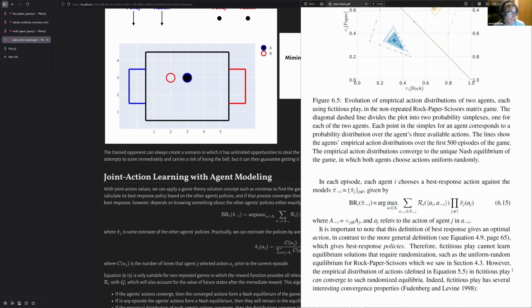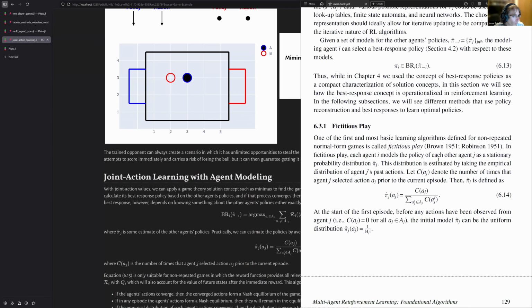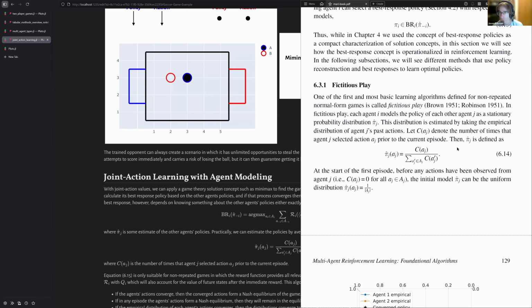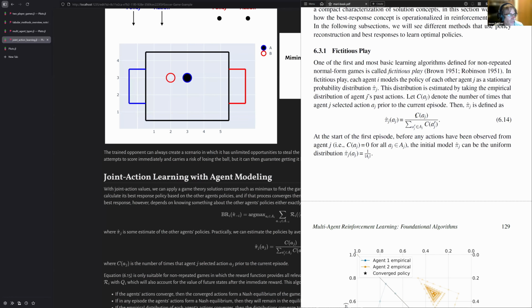So now we can compute this argmax here, and we don't need to apply the game theory solution concept, because we have these estimates of what the other policies are. And one way we can learn what the other policies are is we can just count the observed actions for the other agents and average them, right?